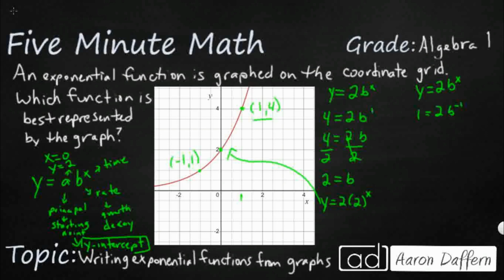And when we have a negative, that just simply means it's going to go into the denominator. So 2 over b, because that negative makes it go into the denominator, to the first power. Still, same thing. To the first power doesn't do anything, so that's 2 over b. We need to multiply both sides by b to get it out of the denominator. So b equals 2. Same thing.